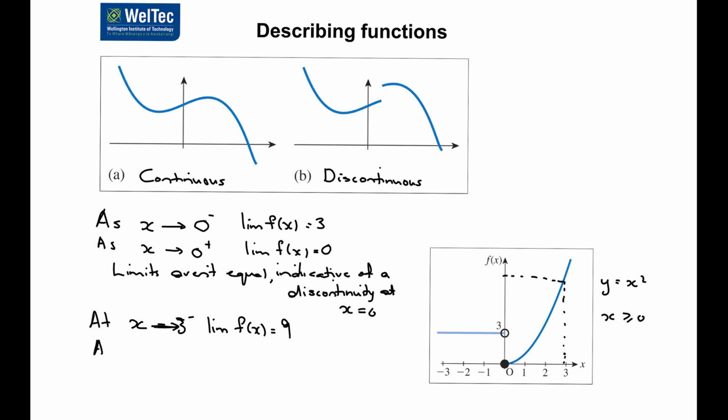And if we come in the other way, as x tends towards 3 from above, again, the limit is going to be 9. So where the limits are equal, then the function is continuous. So at x equals 3, the function is continuous.